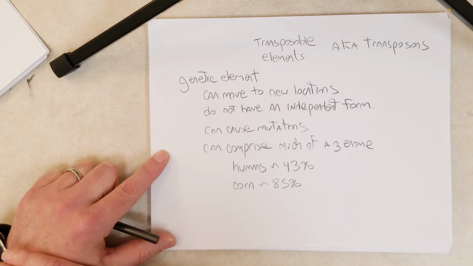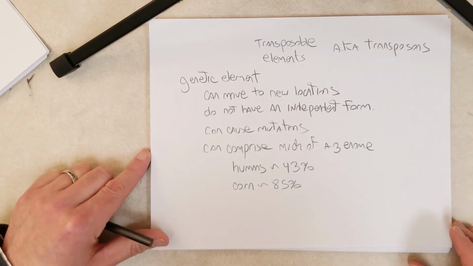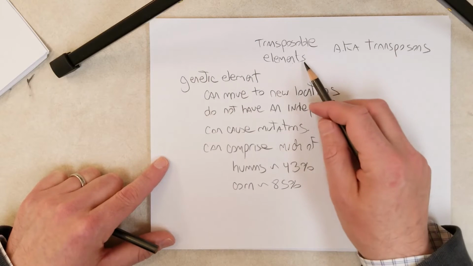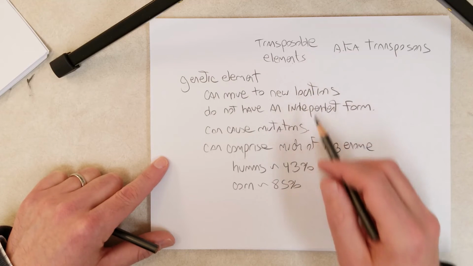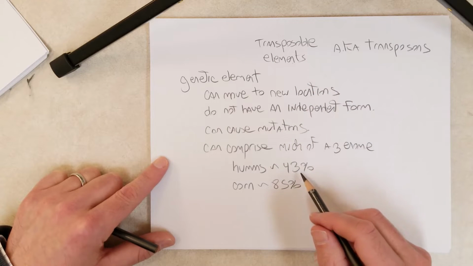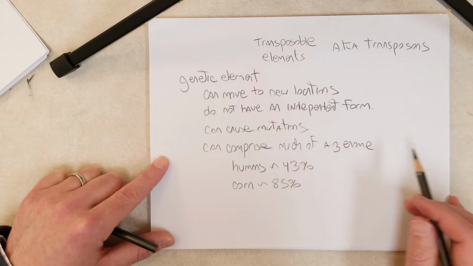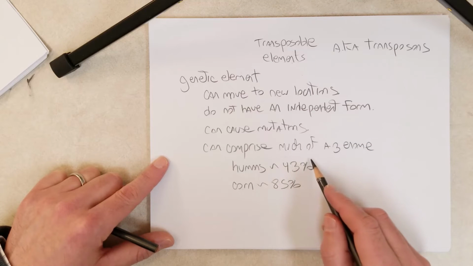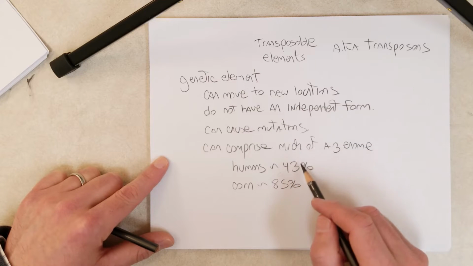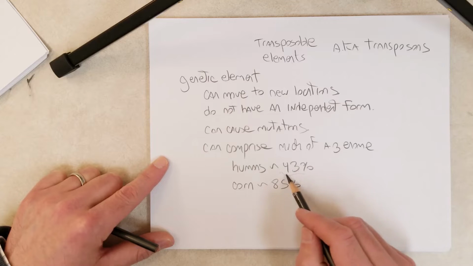So much of a genome can be made up of transposable elements, and we don't know the reason for that. We do know that they can move to new locations and increase their copy numbers, but we don't know if these increased numbers form an important part of our genome.